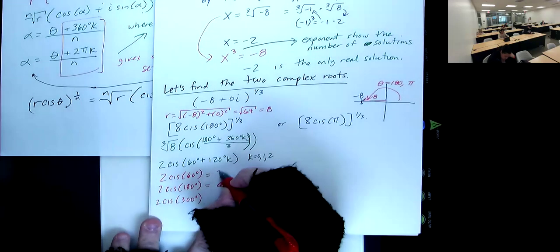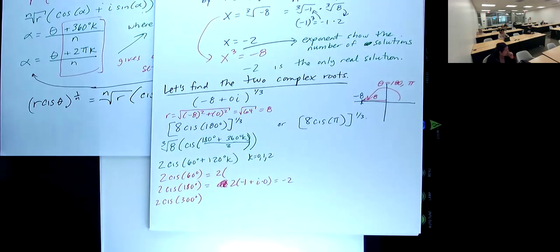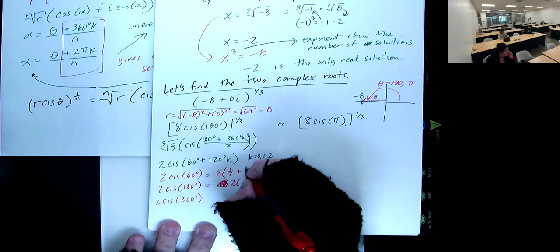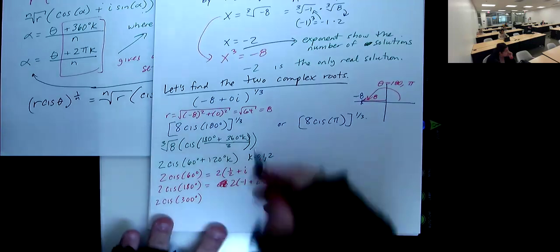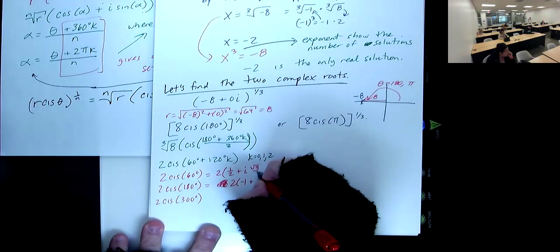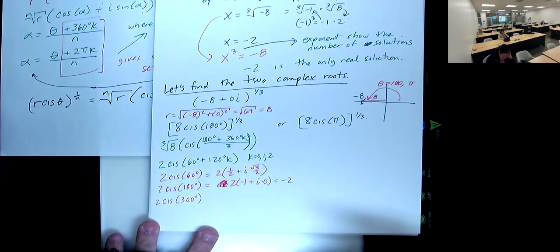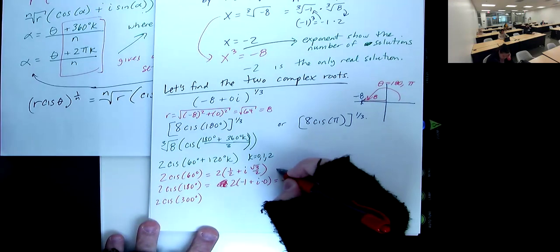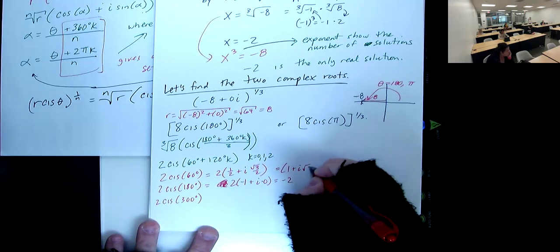This one is 2 times cosine of 60. What is cosine of 60? 1/2. What is sine of 60? Root 3 over 2. So -2 is one answer. It looks like 1 plus i root 3 is another answer.